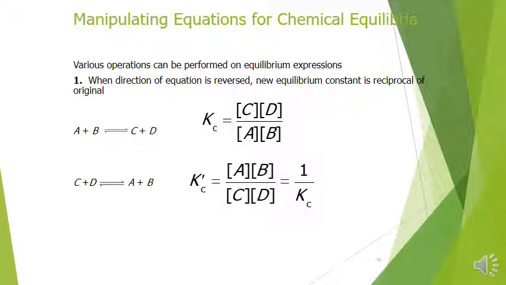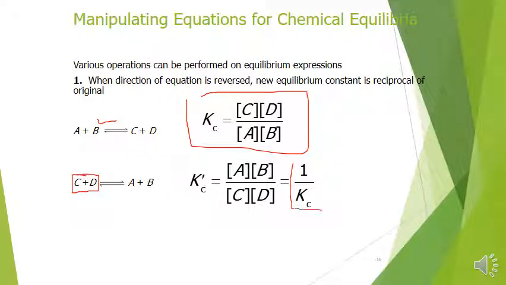Okay, so here's the way to write the equilibrium expression for this one right here. If you were to flip it, so you have the product here, the reaction would look like this, which you see is the inverse of the original way we wrote it.